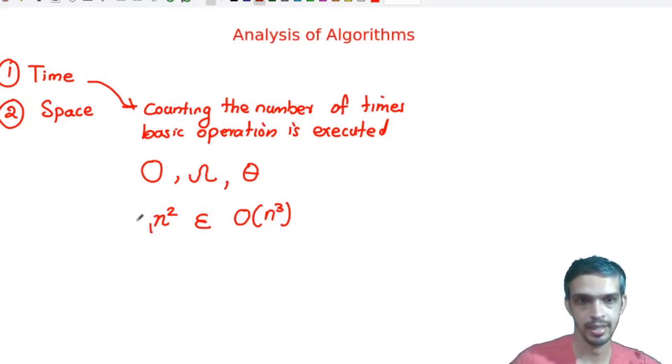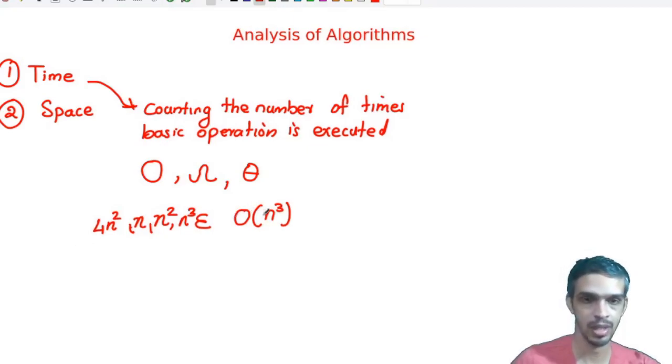Or I can say that n is an element of O of n cube. Or I can say that n cube is an element of O of n cube. Or I can say that 4n cube or n square is an element of O of n cube.